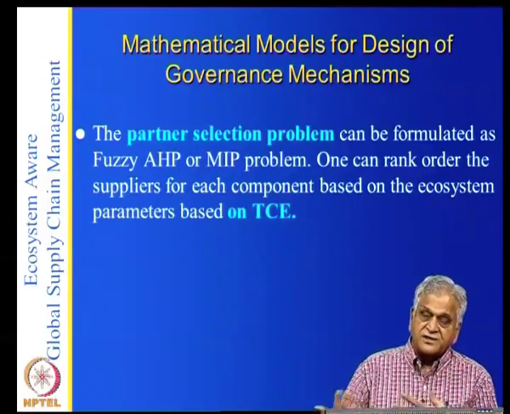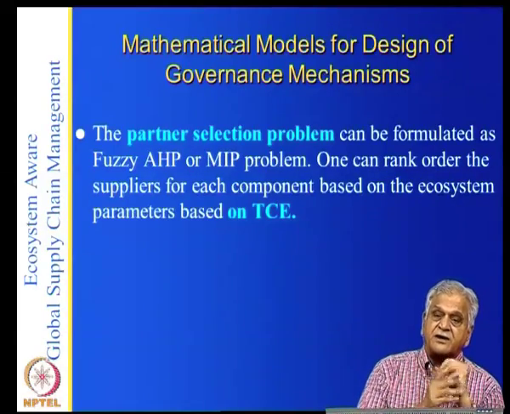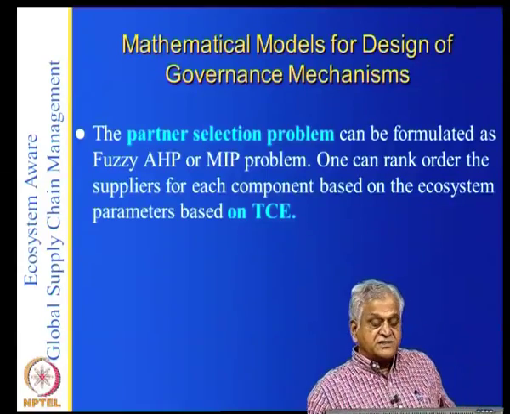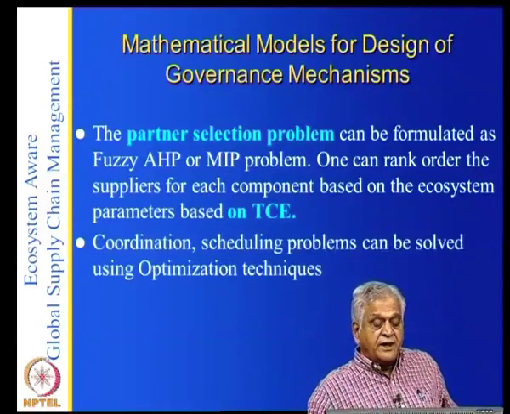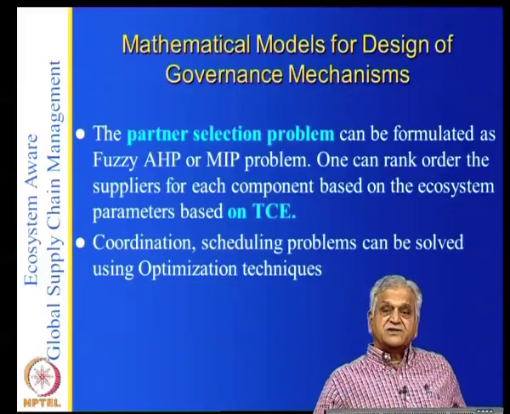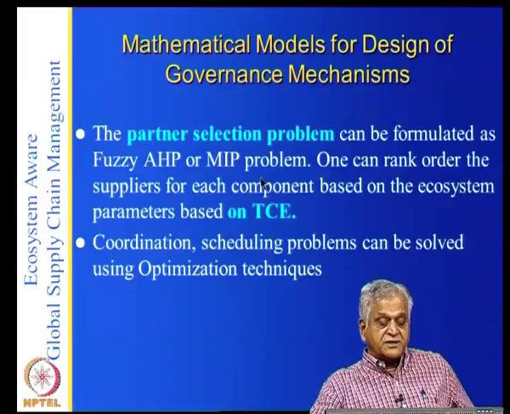In other words, I have told you how to calculate the transaction cost economics. You can rank order them based on the transaction cost. And coordination scheduling problems can be solved using optimization techniques. These are standard techniques available to solve this problem.